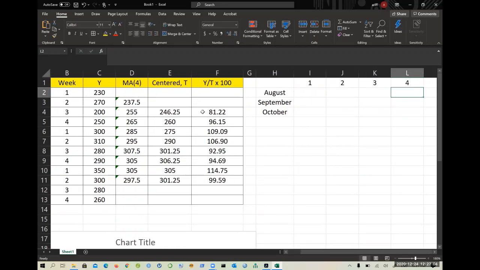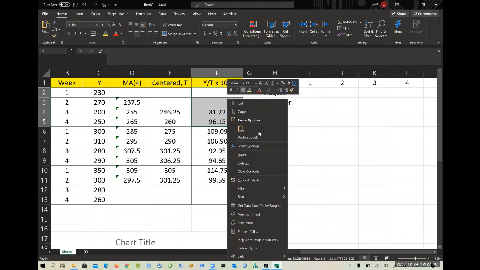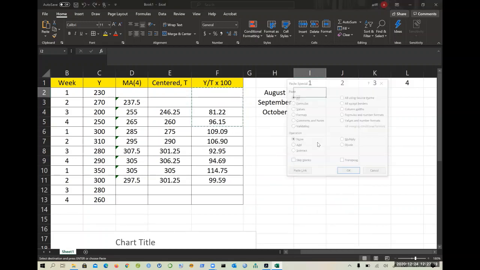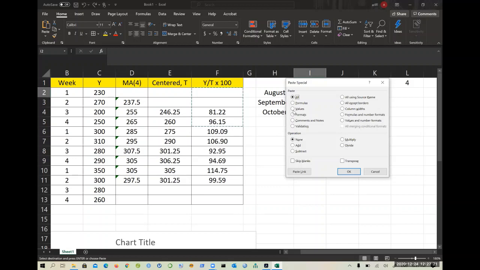Okay, and then you want to transfer this data. So first you want to transfer this one. Click copy, and then this one, I just want to paste special values and transpose.